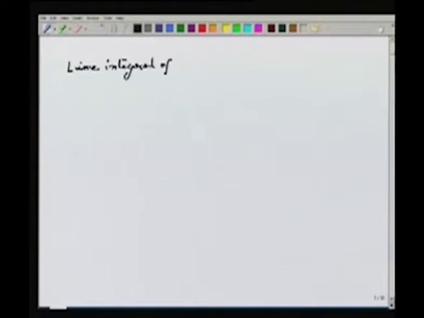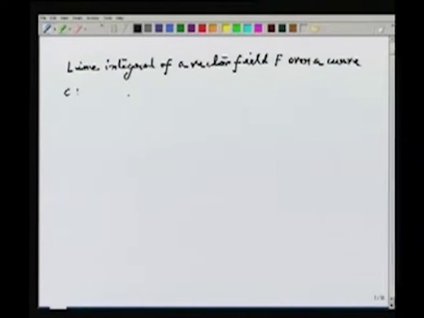Okay. With this data, now I am going to define the line integral of a vector field f over a curve C. What do I mean by this? Well, the symbol for the line integral is integral over C of f dot ds. I will explain what is the meaning of this symbol.